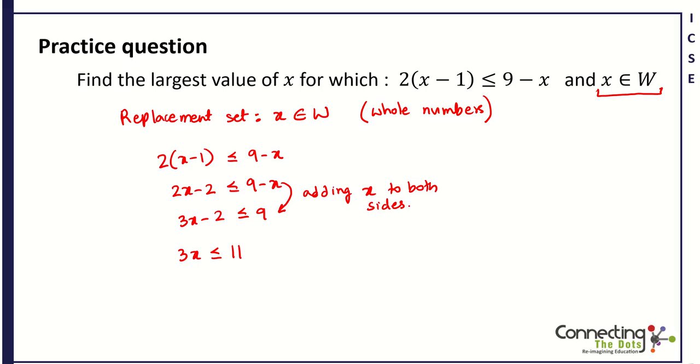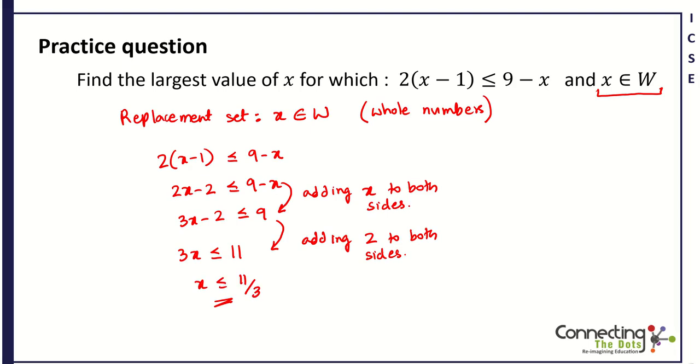And how do we get that? That is obtained by adding 2 to both sides. Again, the inequation does not change sign. So we come to that. So x has to be, dividing both sides by 3, you get this.